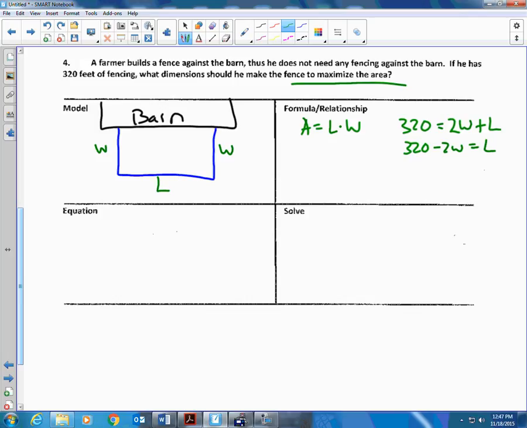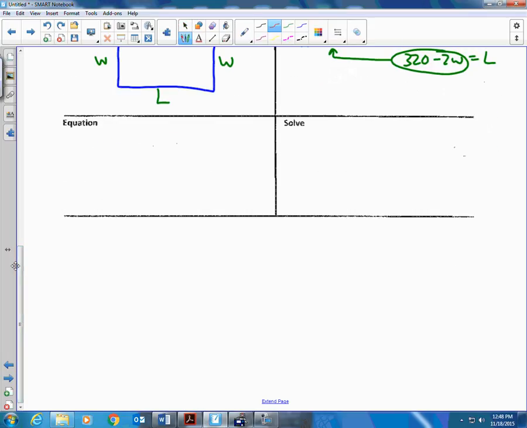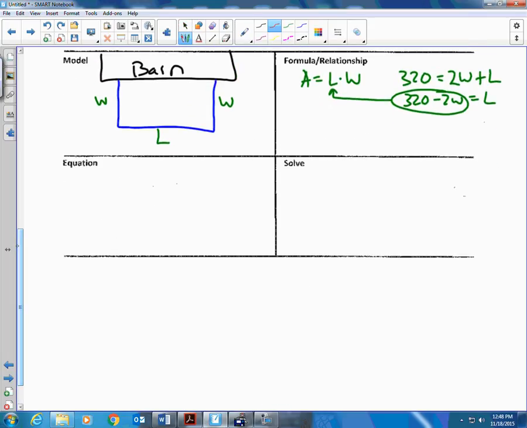That'll be fine. So we're going to take that, I'm going to plug it in for L. So now my function is going to be area in terms of what variable? W. A of W is equal to 320 minus 2W times W, or 320W minus 2W squared.